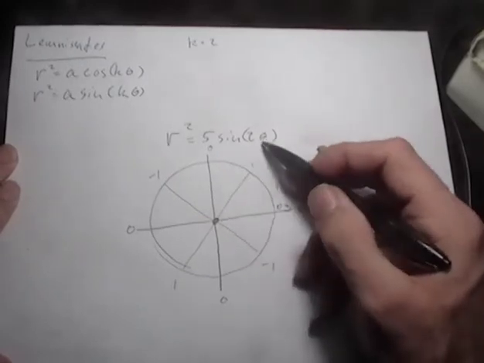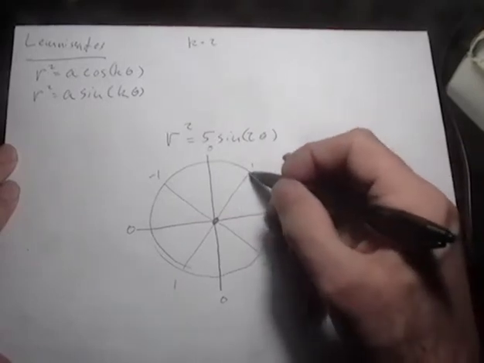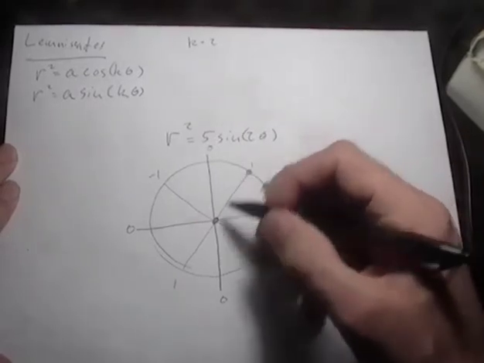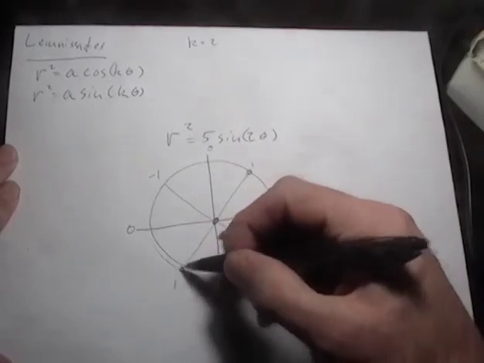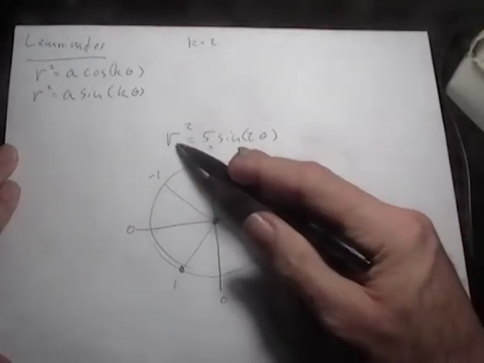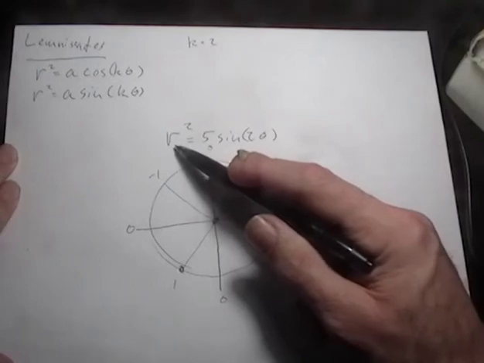If sine is 1, then r squared is going to be 5, so r is going to be either positive or negative square root of 5. We must allow r to be both positive or negative. In practice, it's not going to affect the graph that much, though, so I'm only going to draw the positive leaf and mention what happens with the negative leaf.